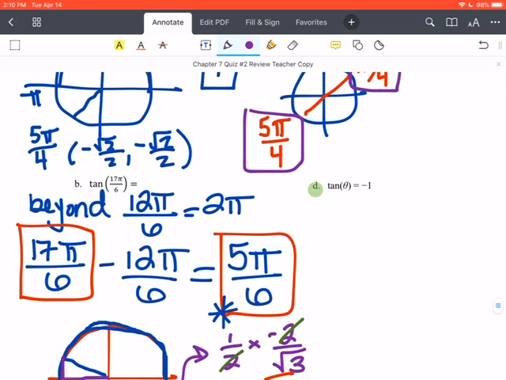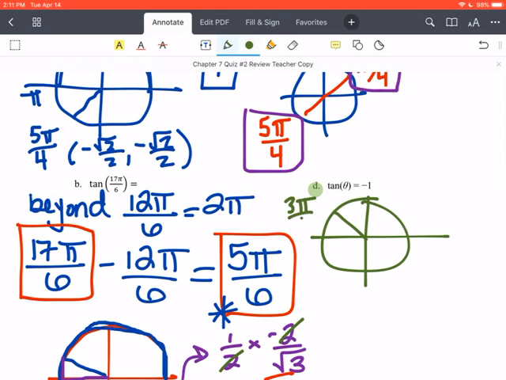Now, on this final question, it says the tangent is -1. So that means that it must be the same value, but opposite. So we're still thinking about those pi over 4s, but now we're going to be in the second quadrant, which is 3 pi over 4, and the fourth quadrant, which is 7 pi over 4, because we're almost to 8 pi over 4.